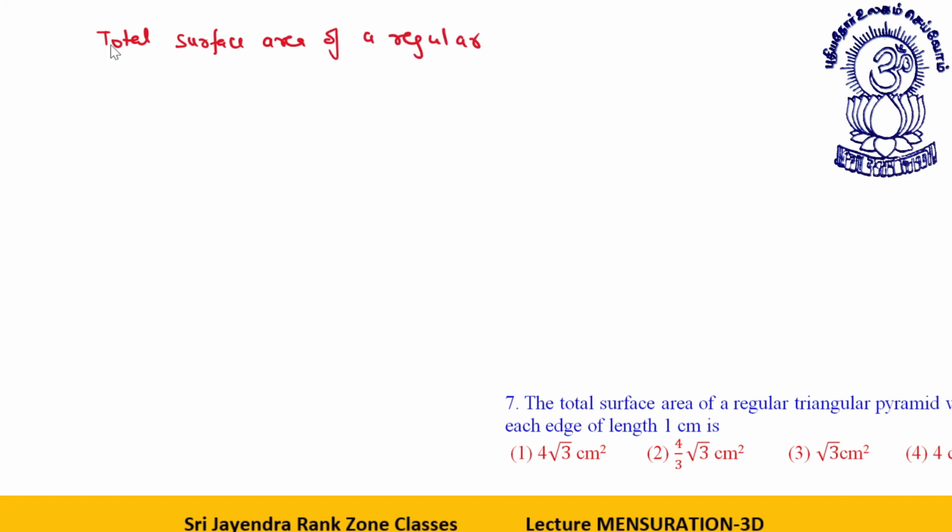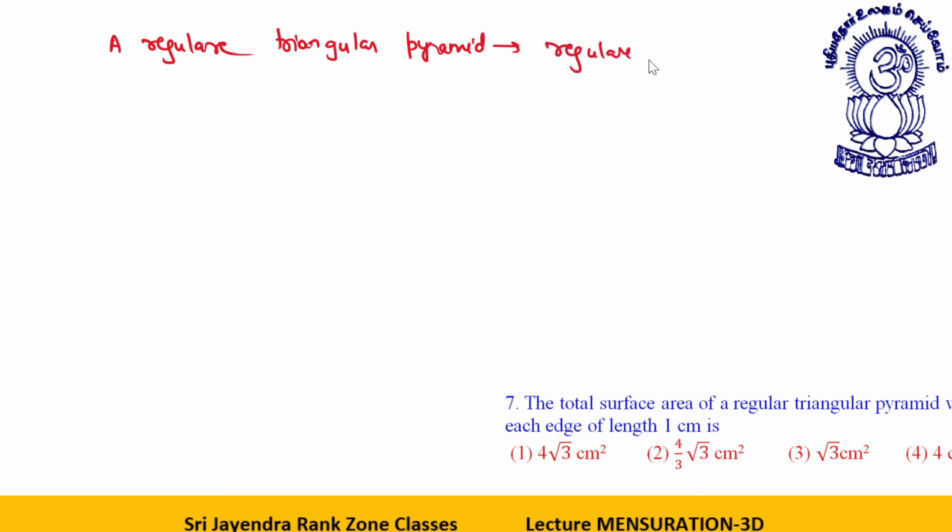First of all, what is a regular triangular pyramid? A regular triangular pyramid is nothing, it is a regular tetrahedron.